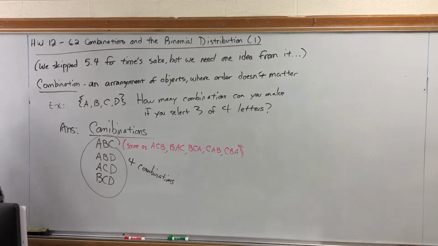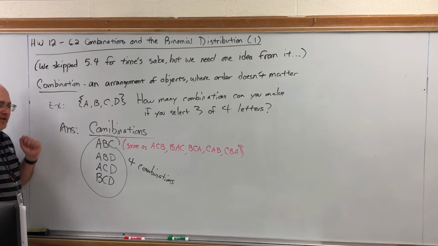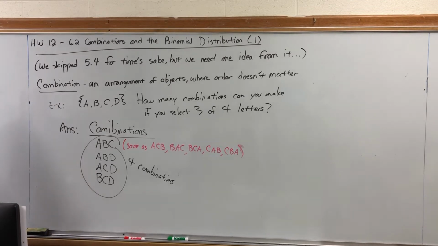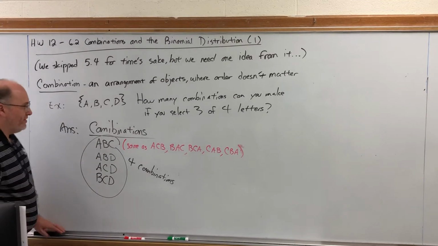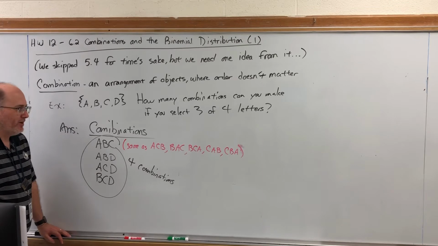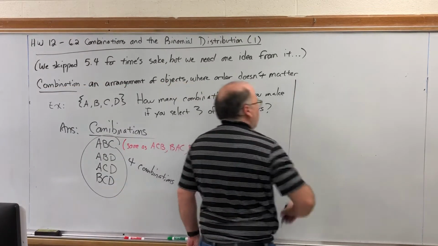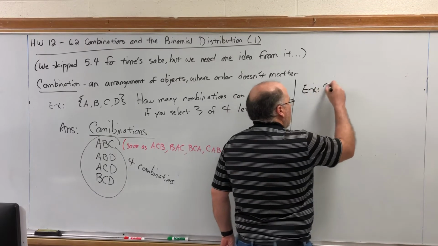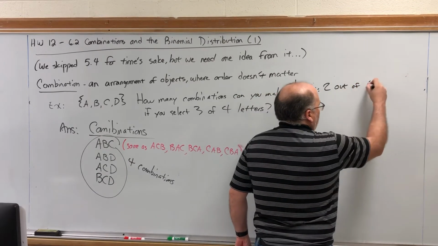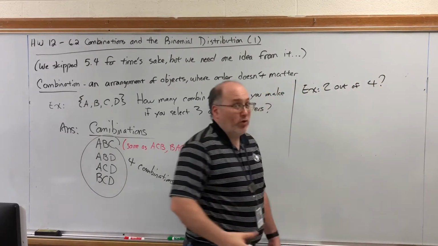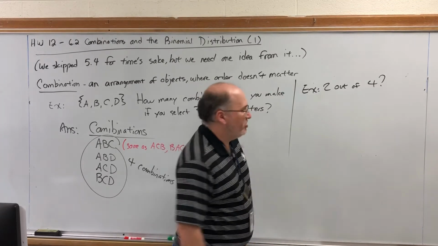Now counting combinations can get a little tricky depending upon how many you're selecting from and how many you're actually selecting. For example, let's say instead of how many combinations you can make if you select 3 out of 4, what if it's only 2 out of 4? And it doesn't really matter what the 4 objects are as long as they're all distinct.